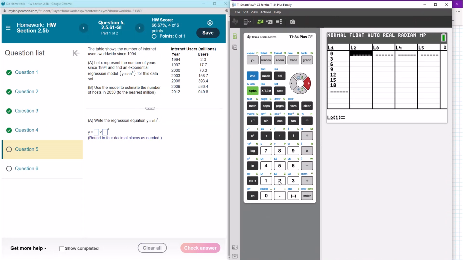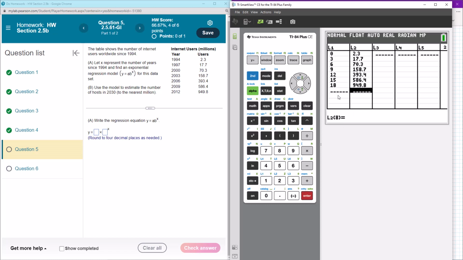So we're going to have 2.3, enter, 17.7, enter, 70.3, enter, 158.7, enter, 393.4, enter, 586.4, enter, 949.8, enter.